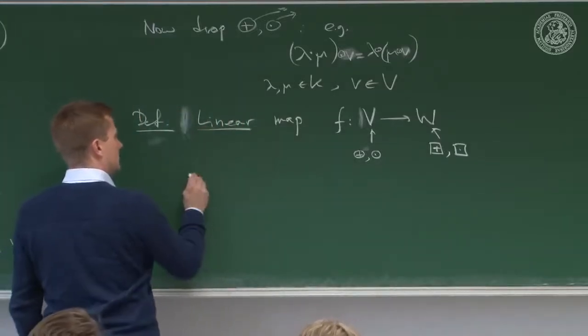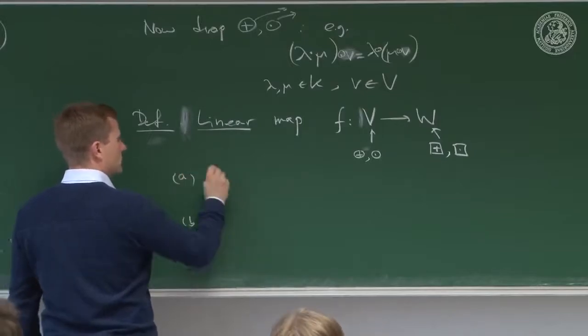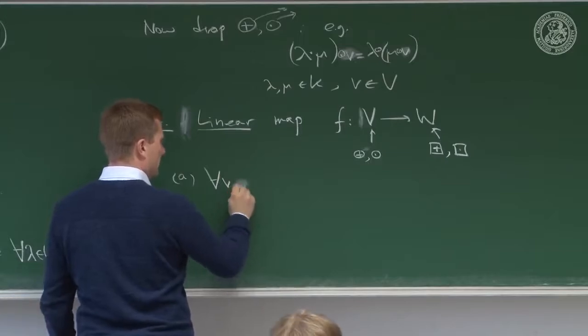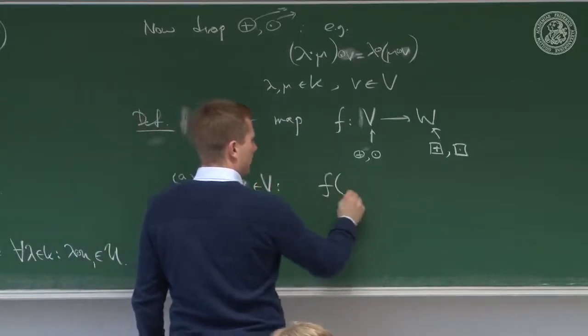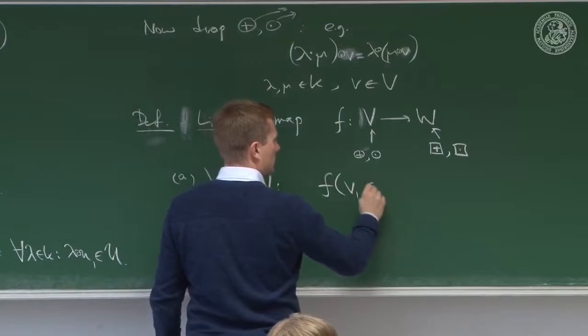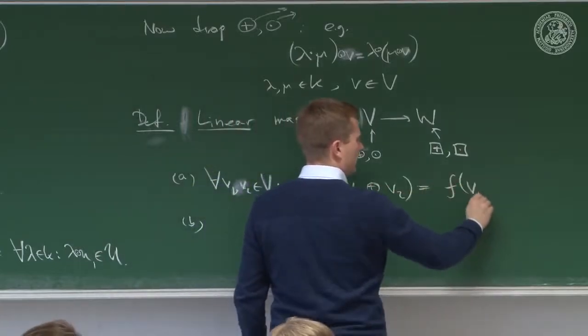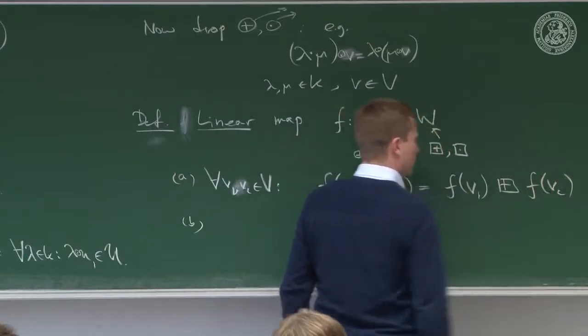And a linear map is a map for which it's always true that for all v1, v2 in V, f of v1 circ plus v2 is f of v1 box plus f of v2.